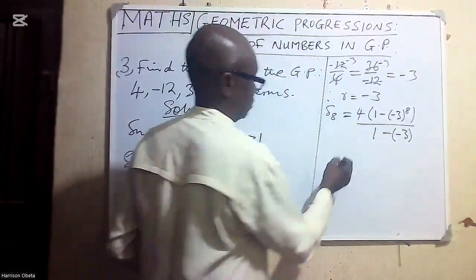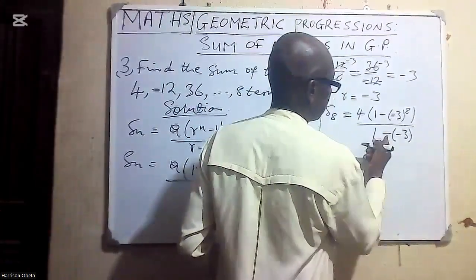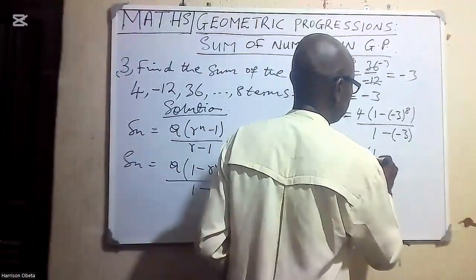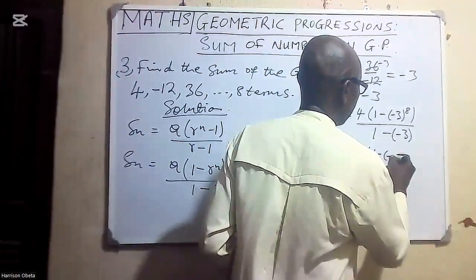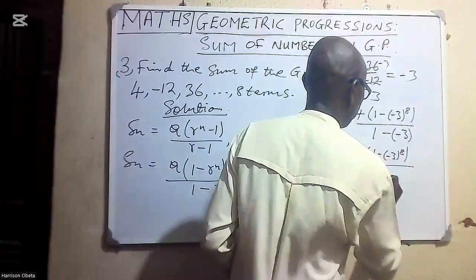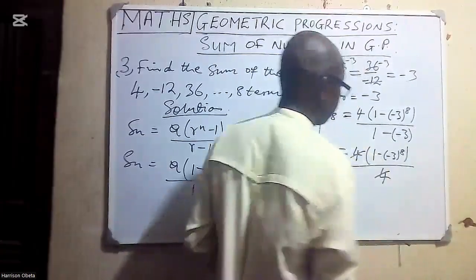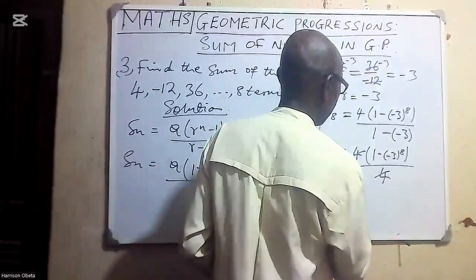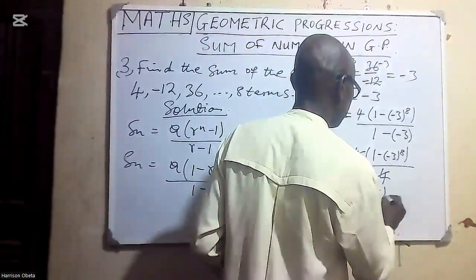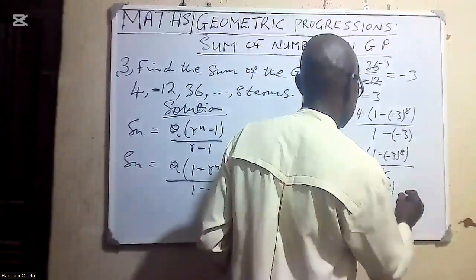Then you continue. This will change this to plus, and that is 4 bracket 1 minus bracket minus 3 raised by 8 all over 4. And if we divide, we are now going to have only 1 minus bracket minus 3 raised power 8.